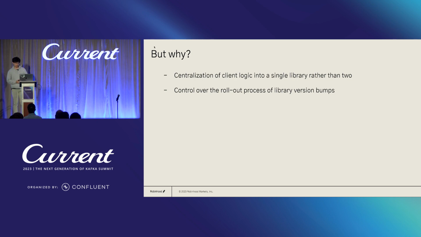And especially at Robinhood, a lot of these services get deployed after market close for obvious reasons. This means that if you make a pretty big change in one of these first-party libraries, you have a fairly wide blast radius. If there's a specific bug that you introduce, and because Kafka is used in all the material services, you have a wide set of material services that could go down at once.